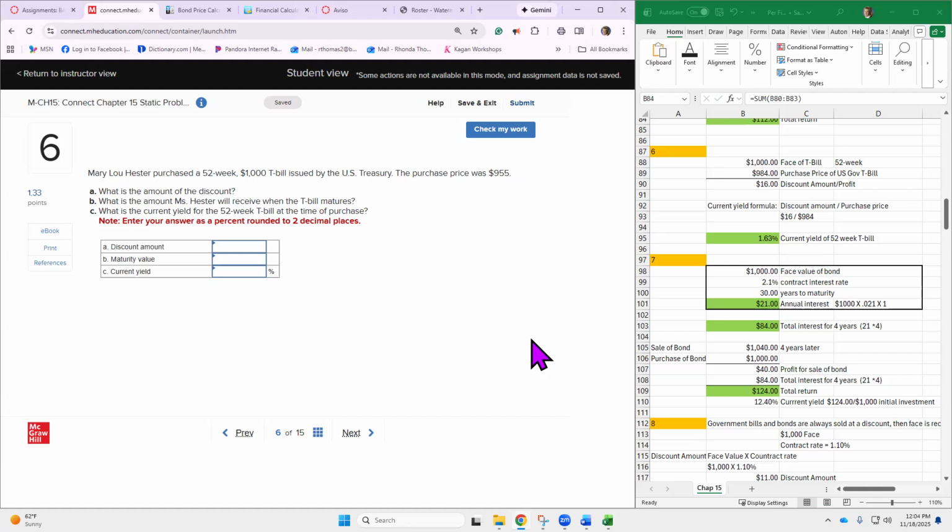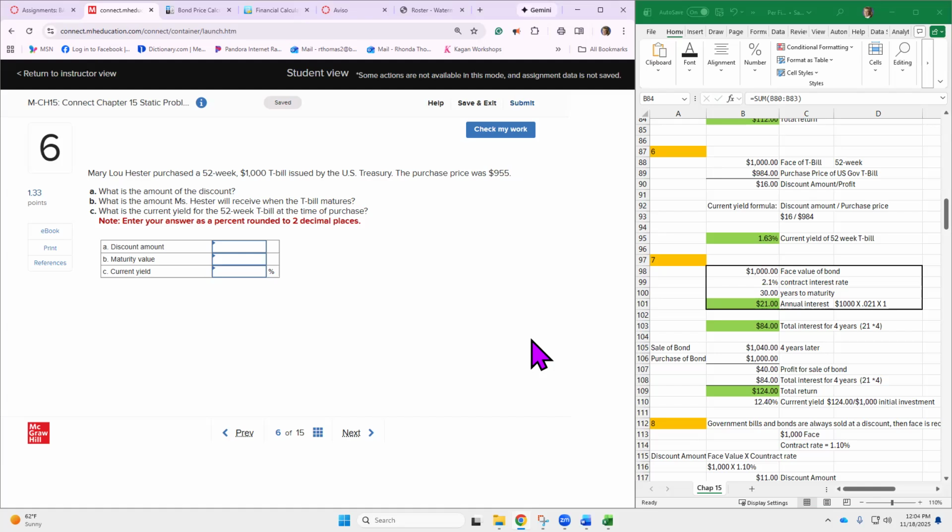Now, supposedly that is the least risky investment you could ever make. Everybody got that? You could go buy a bond from our government, and hopefully our government will hold its credibility, right? So what's going to happen here is when you buy this T-bill at $955, 52 weeks from now, you can go cash it in for what?